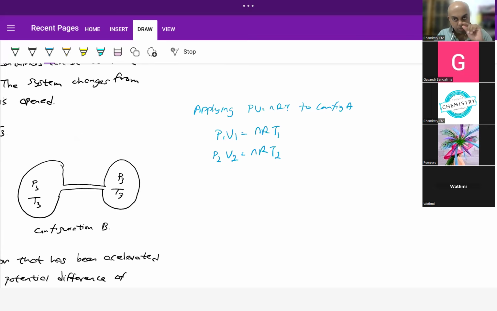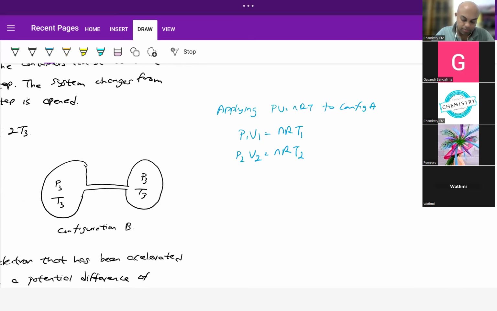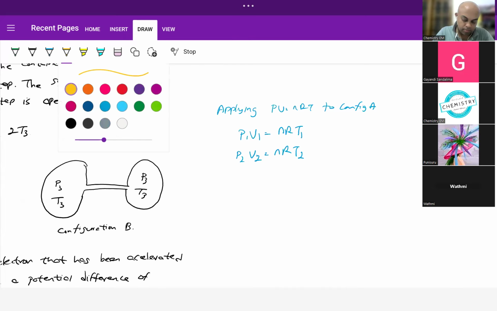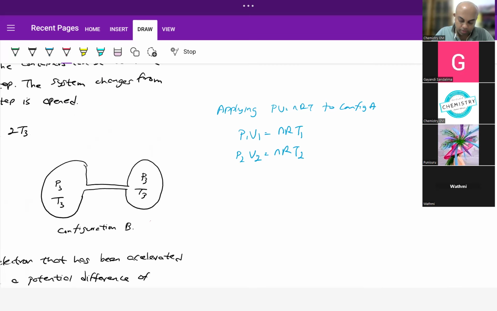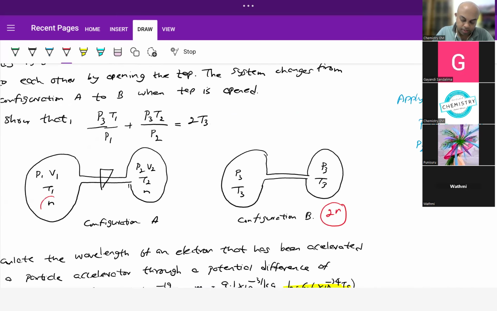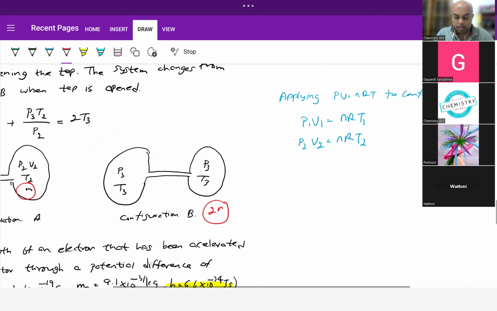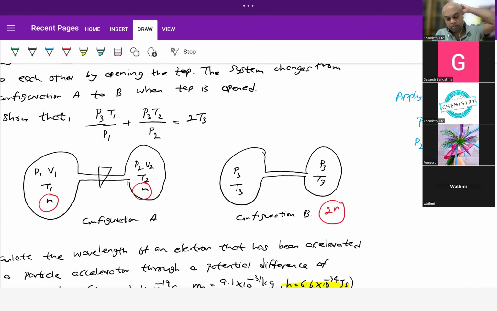Now, when the tap is open, the total number of moles will become 2n in configuration B, because n was in each container. And you can't say that the pressure P3 is equal to P1 plus P2, because that is not fair.